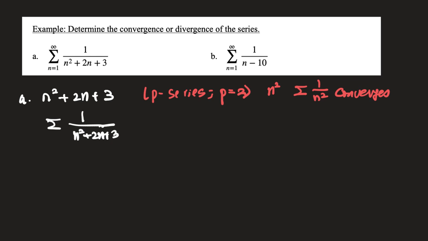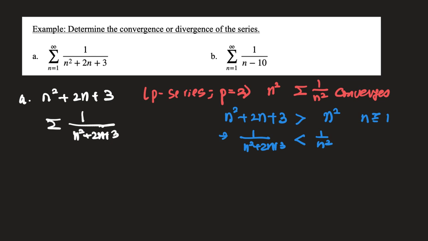Why does this converge? Let's compare the two sequences term by term. So right here, n squared plus 2n plus 3 versus n squared. Which one is bigger? n is a natural number, n starts at 1. Which one is bigger, guys? Of course this one is bigger. Which means 1 over n squared plus 2n plus 3 is less than 1 over n squared.